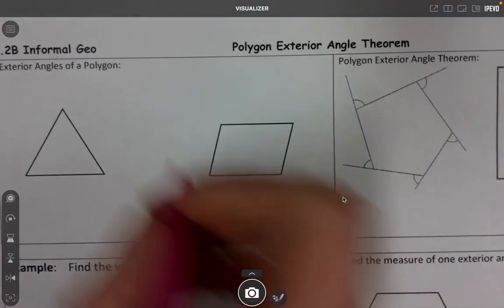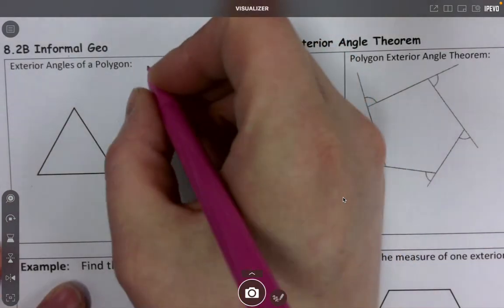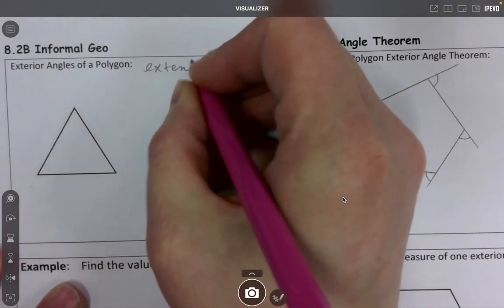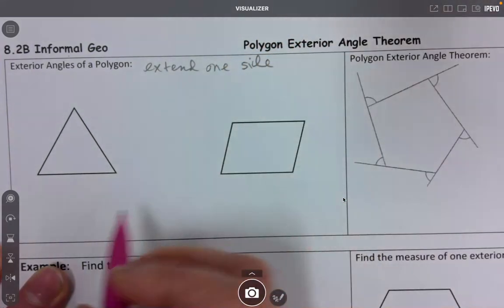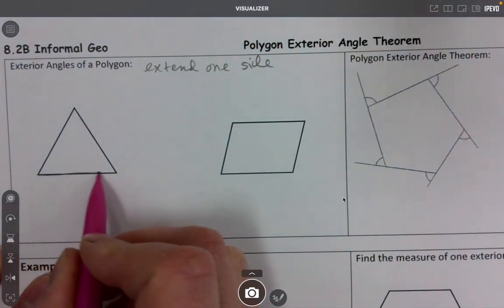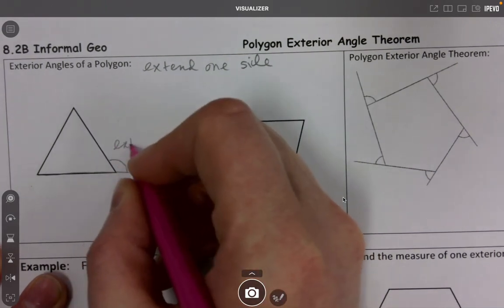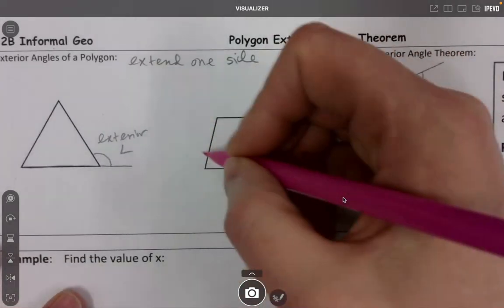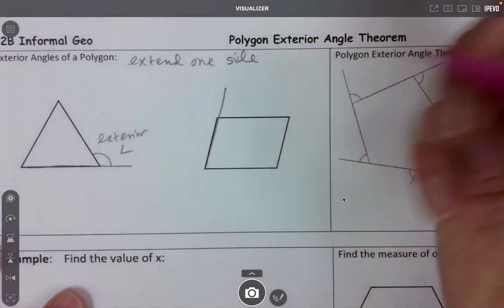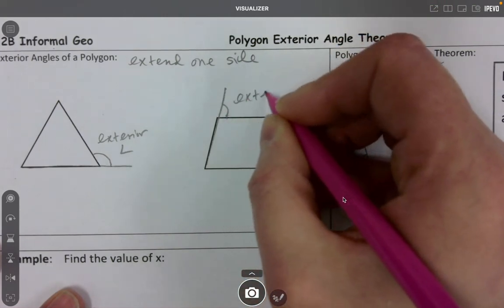So if I am looking at the exterior angle of a polygon, what I'm really doing is just extending one side. So I could take this side of my triangle and extend it, and then this right here is my exterior angle. Or if I took this shape right here, which looks like a parallelogram, and extend it, this is my exterior angle.